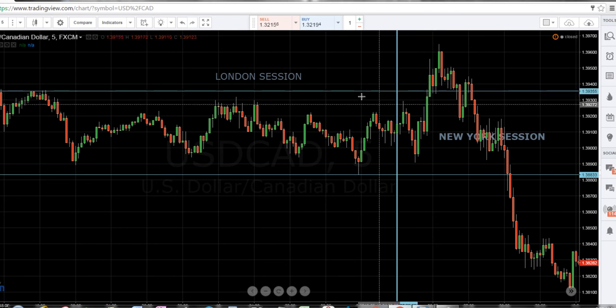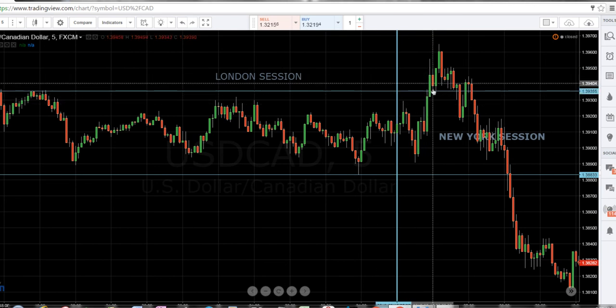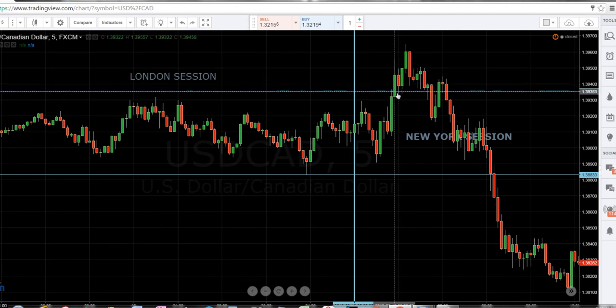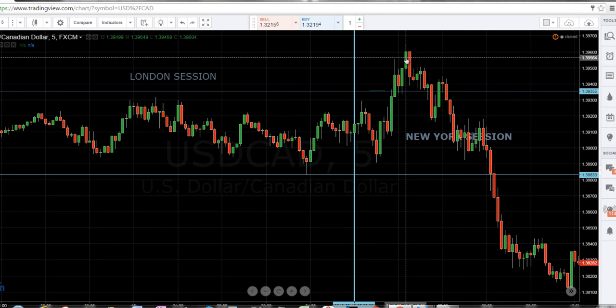But anyways, it took out the highs, it came back down in this candle here. It found structure there, and this was the trading opportunity where you can buy it back and make some quick scalping points.